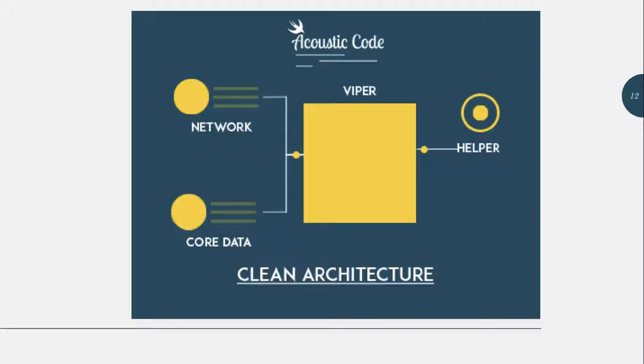The Viper layer itself means an architecture layer. You can also replace this Viper with MVVM or MVC, but Viper itself is an application of clean architecture. That makes your code much cleaner, easy to debug, flexible, and testable. That's why clean architecture.